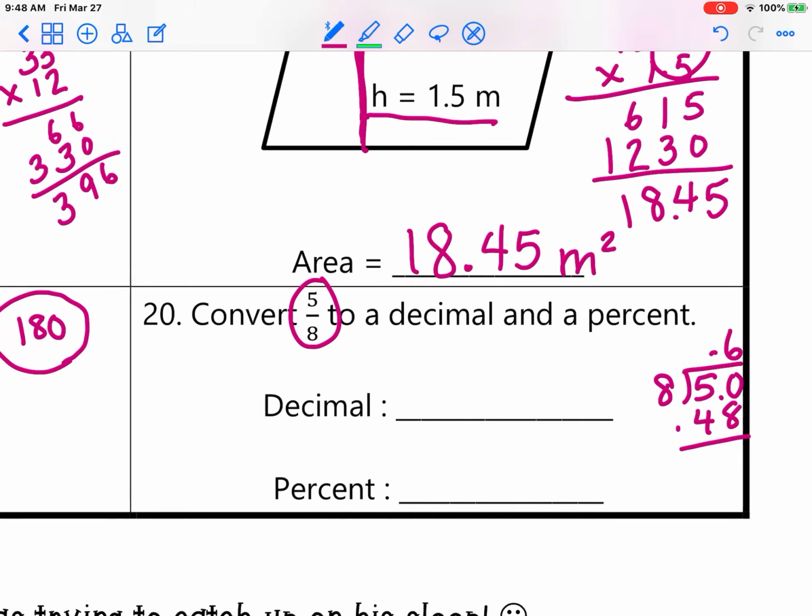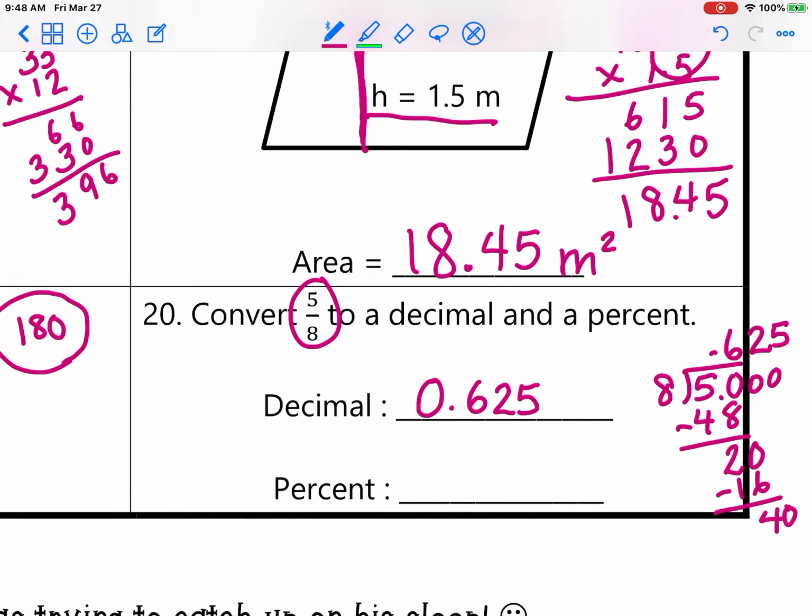So 6 times 8 is 48. When I subtract, I have 2 left over, so I have to bring down another 0 because we're in 6th grade and we don't do remainders anymore. 8 will go into 20 2 times, that's 16. I have 4 left over, and I have to bring down another 0 because I still have something left over. 8 will go into 40 5 times evenly, so I'm done. The decimal for 5/8 is 0 and 625 thousandths.